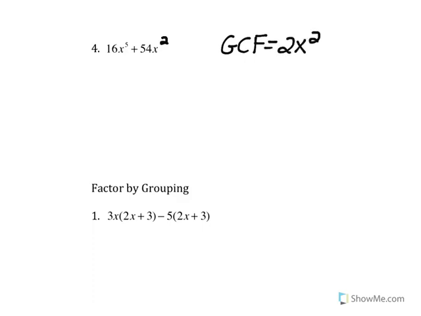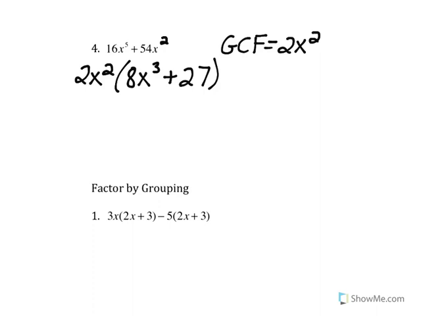Before you do any of these problems, you do want to take out the GCF if it's in there. So we're going to take out the 2x squared, divide each term by 2x squared. We'll get 8x cubed plus 27. Both 8 and 27 are perfect cubes. Again, you can check those out in your calculator.